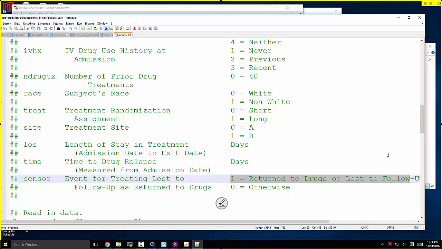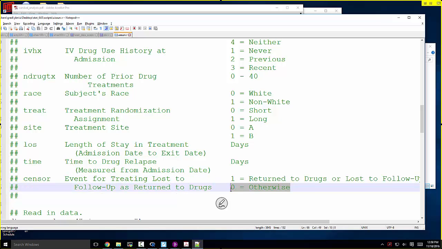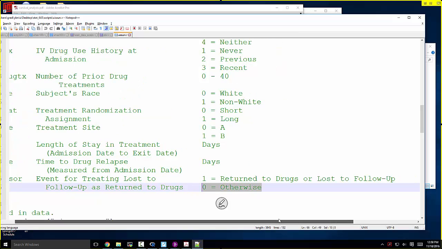Or the third possibility is the person lasts through the entire treatment regimen, so their whole 6-week treatment, they saw it all the way through, and we never observed them go back to drugs. So the way this study parameterized the censoring was if you made it through the entire study without relapse, then we're going to call you censored, because we don't know what time you relapsed.